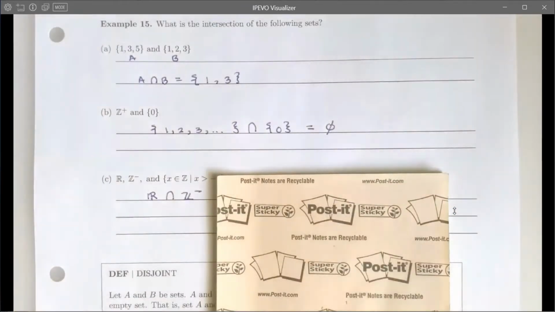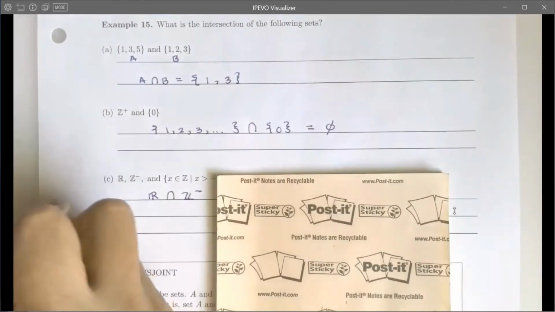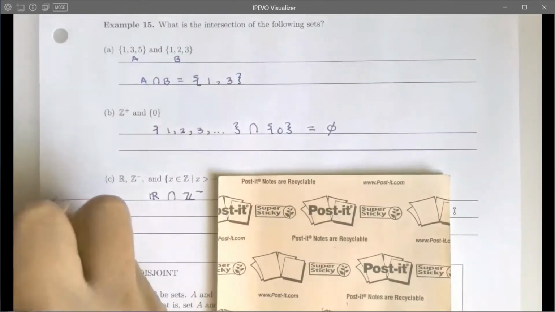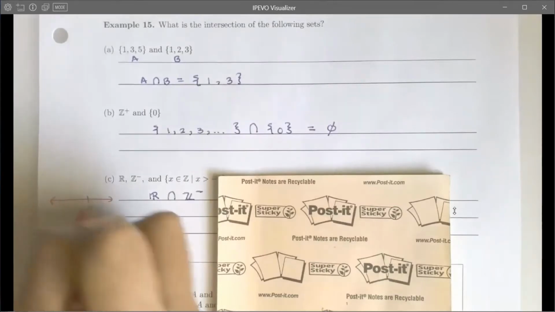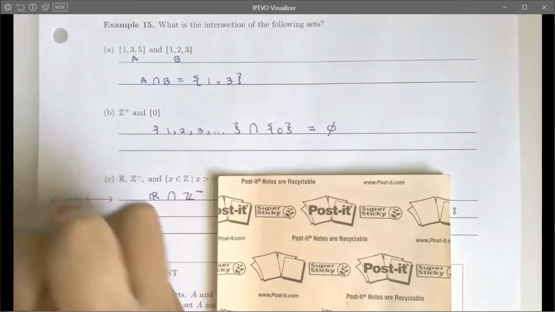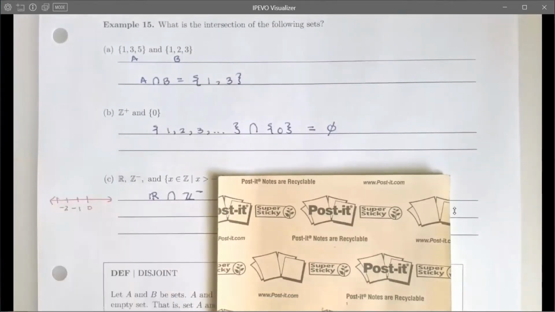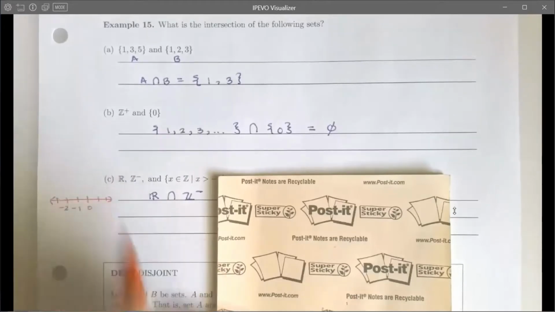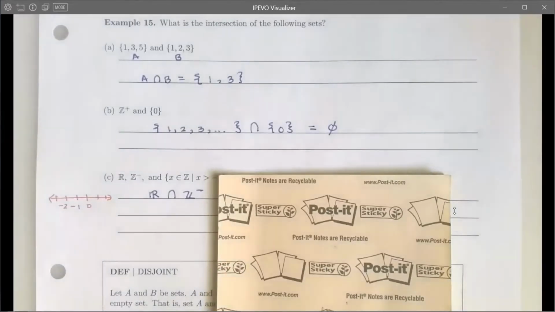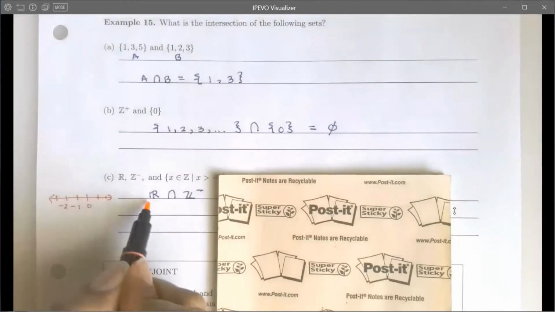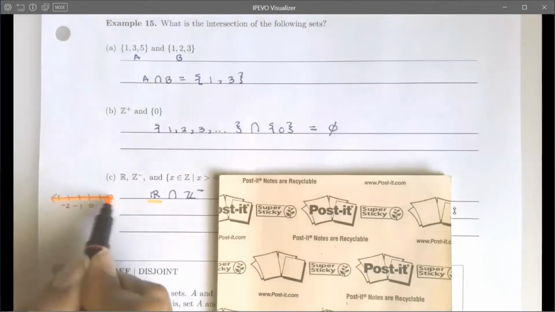Just to give ourselves a visual, if we're looking at the real number line, and let's say this is 0 and we have -1, -2, so on and so forth. Well, the reals would mean everything on that number line, right? Every number on that number line.